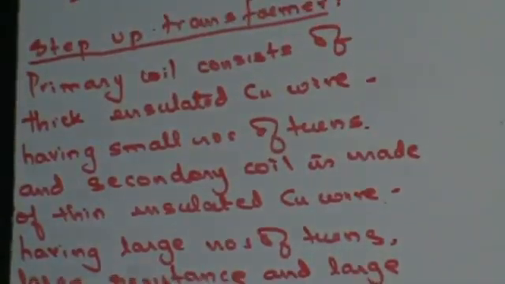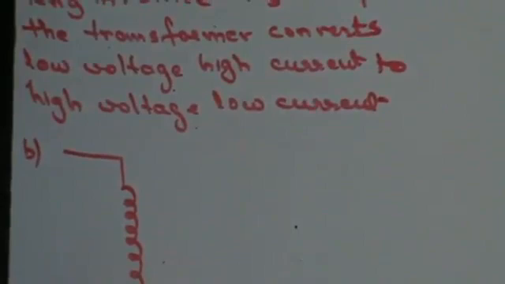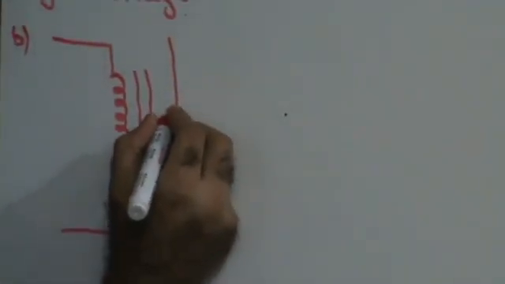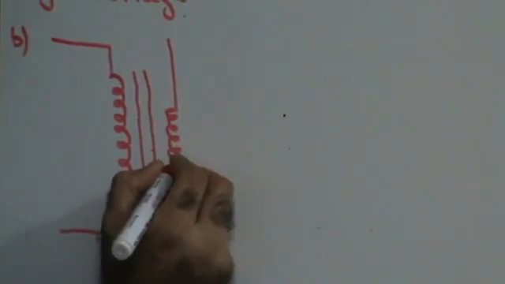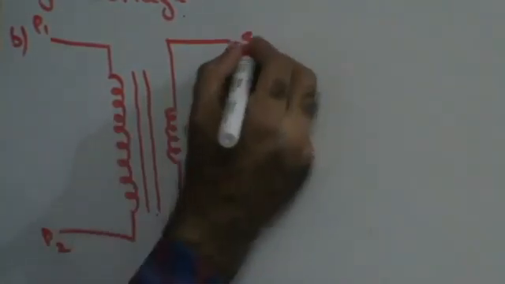Now you could have exactly the reverse configuration where I could have large number of turns in the primary and I could have few turns in the secondary. This is my primary P1, P2, this is my secondary S1, S2, right?